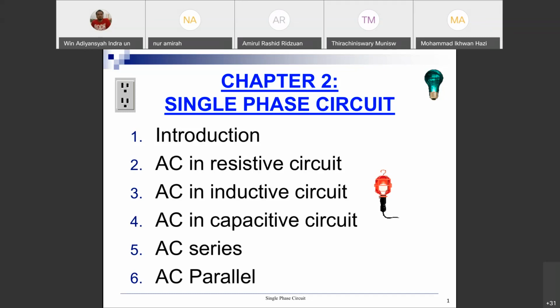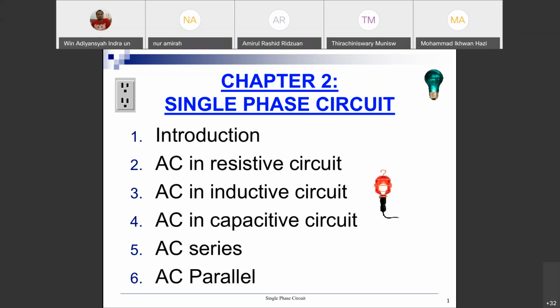So the introduction: AC in a resistive circuit, alternating current and resistors. Your lab 1 only consists of resistors, and that one we call a resistive circuit.